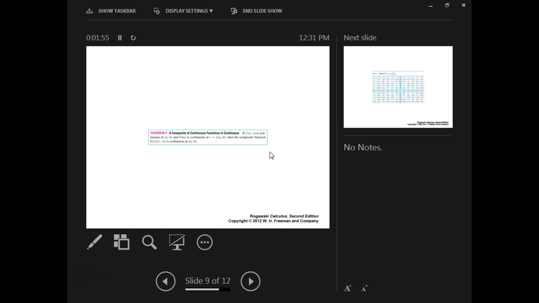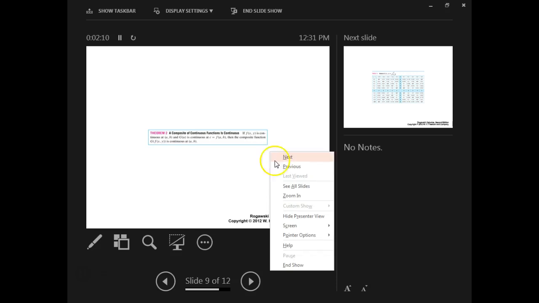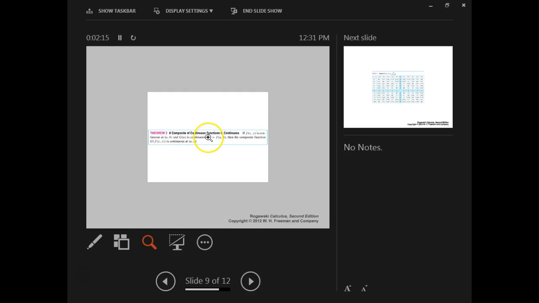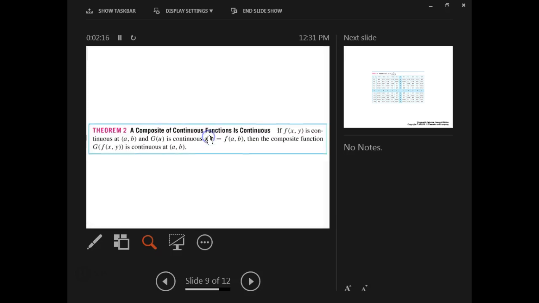Okay. Where we left off last time was in Chapter 14, differentiation of several variables, 14.2, limits and continuity in several variables, and this was Theorem 2, which is where we're going to pick up now. All right. Now, what if we have a composition of two functions? Remember what that is?